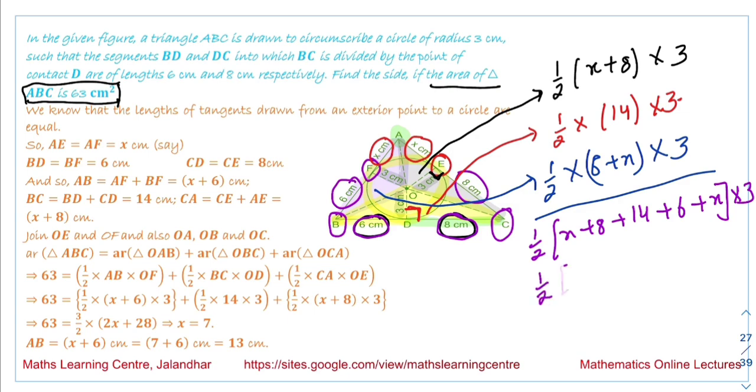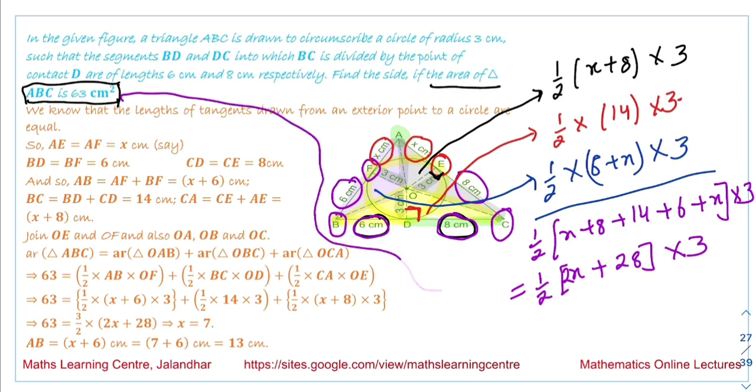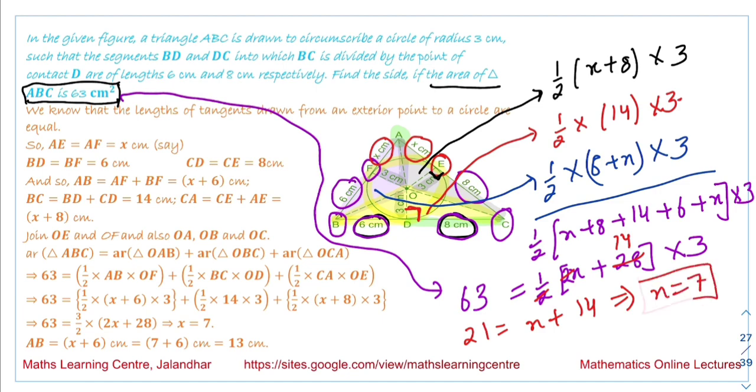So the value we get is 1 by 2 into (2x plus 28) into 3, and this is given to be equal to the area of the triangle ABC, that is equal to 63 centimeters. So on solving, this 2 gets cancelled, and we get 21 is equal to x plus 14. So the value of x is equal to 7.